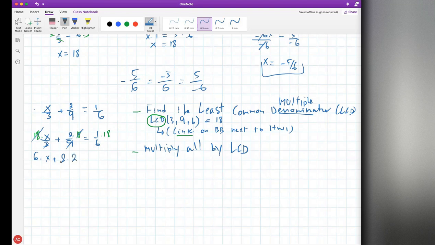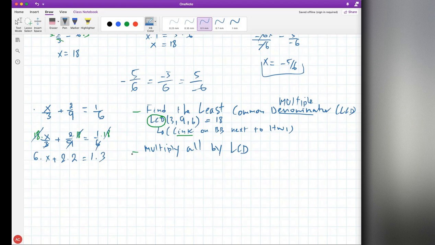What happens to the third one? Divide 18 by 6. That's right, so it would be 1 times 3. That's basically how useful it is to use the LCD.